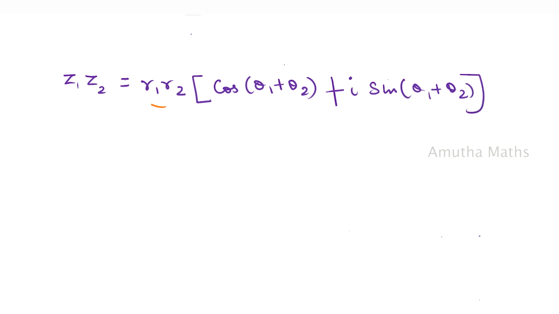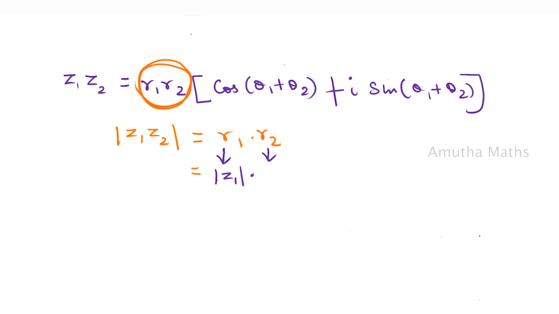Now what is this R1 R2? R1 R2 is the modulus of Z1 Z2. So modulus of Z1 into Z2 is equal to R1 into R2, okay. R1 is the modulus of Z1, which we have seen already, and R2 is the modulus of Z2.